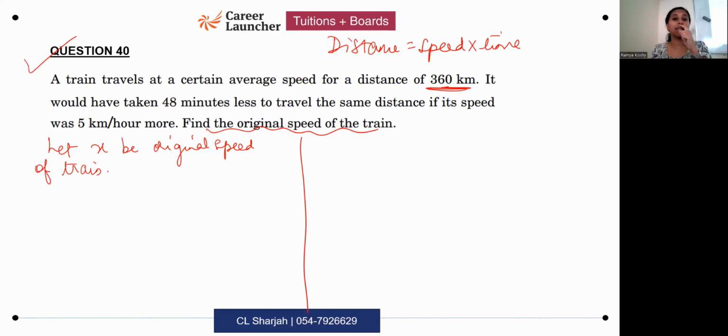In this question, is original time more or new time more? New time is more, no? So new time minus original time is equal to how much?